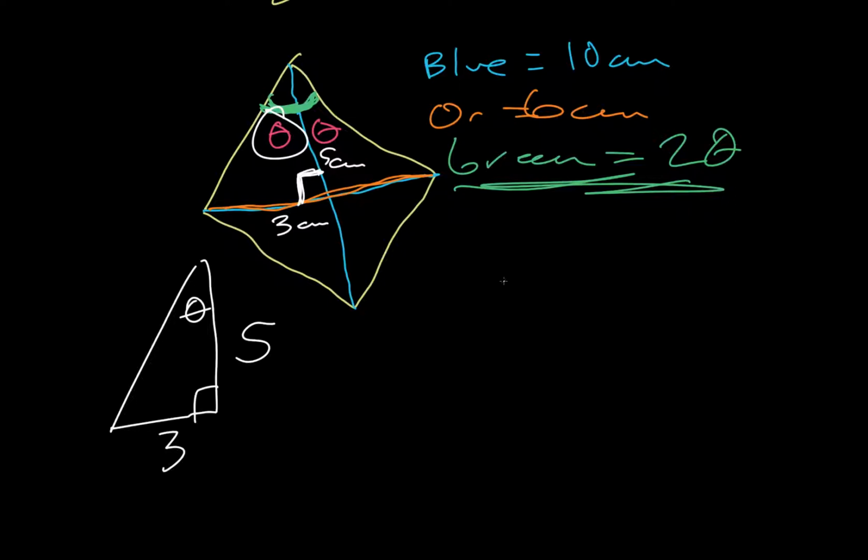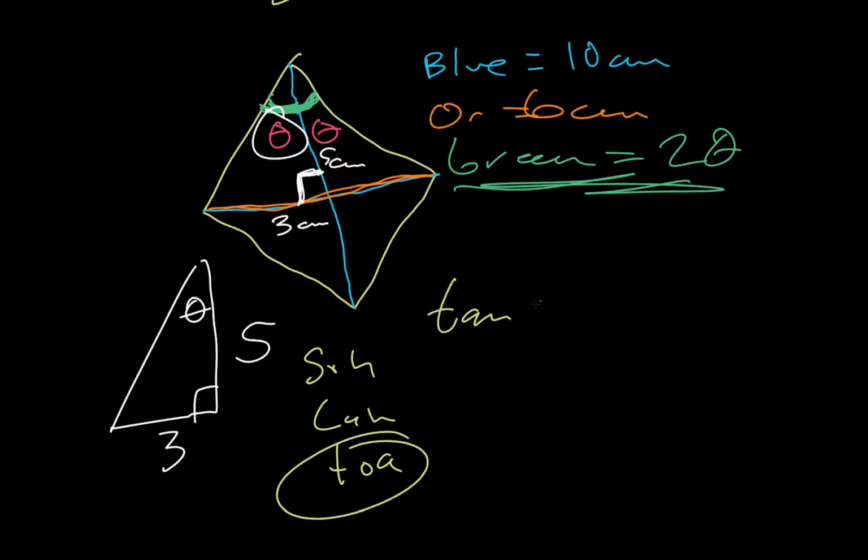And so if we're looking at SOHCAHTOA, from this angle we have the opposite and the adjacent, so that's tangent. So we can say tangent theta equals the opposite, which is 3, over the adjacent, which is 5. And then we just go through a little bit of algebra.